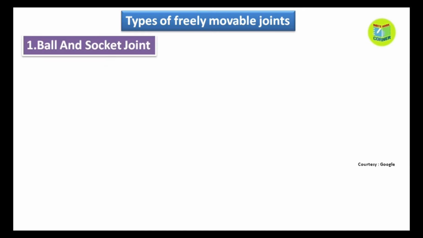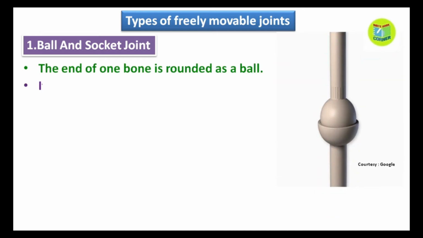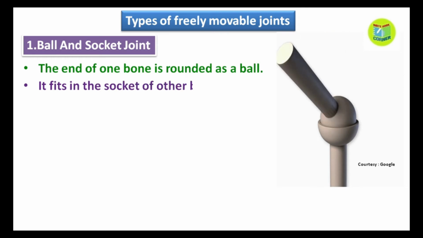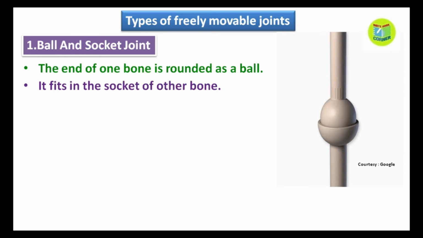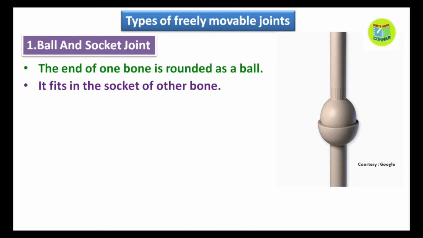The first one is the ball and socket joint. In a ball and socket joint, the end of one bone is rounded as a ball. It fits into the socket of other bone. As you can see, the bone with the ball at its end moves and the bone with socket is fixed.